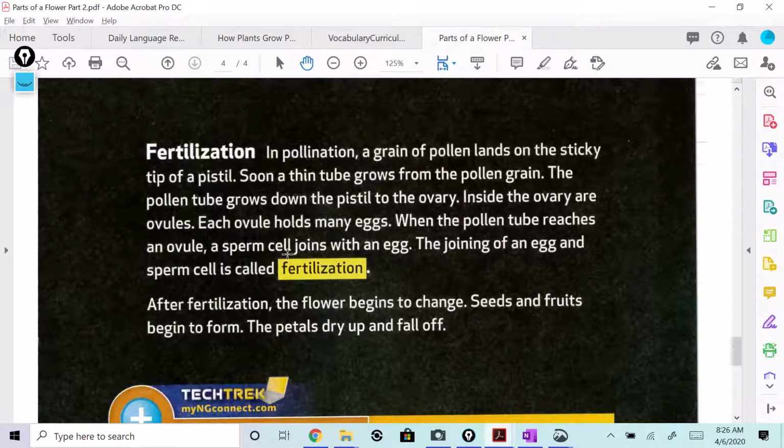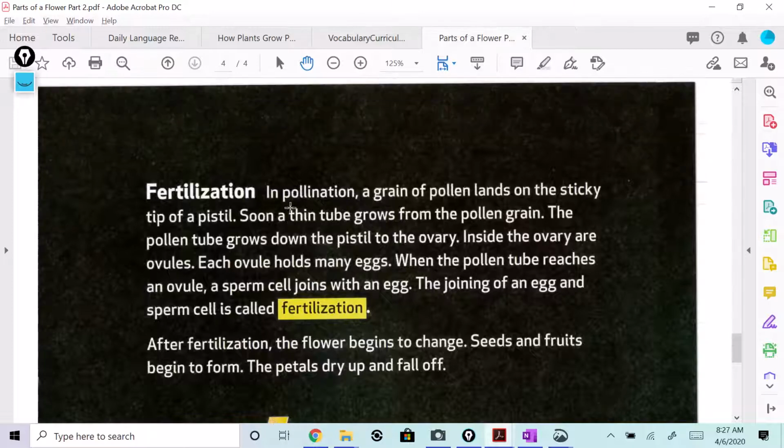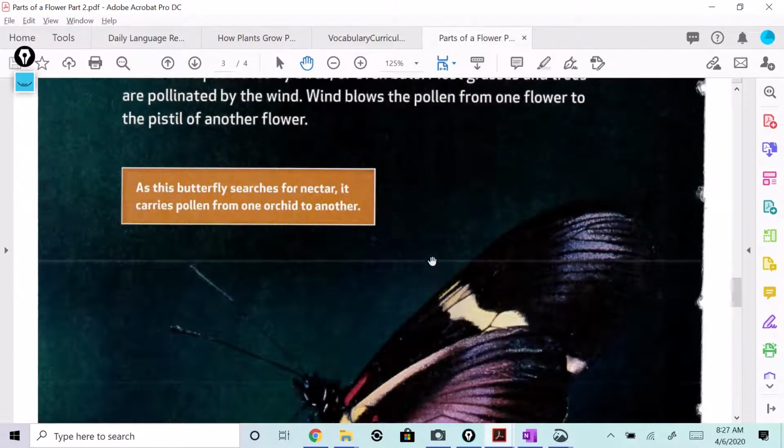Fertilization. In pollination, pollen is transferred from one stamen to another pistil. A grain of pollen lands on the sticky tip of a pistil. Soon, a thin tube grows from the pollen grain. The pollen tube grows down the pistil to the ovary. Inside the ovary are ovules. Do you remember this?